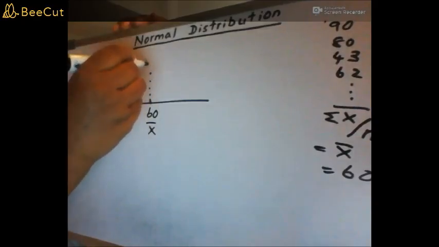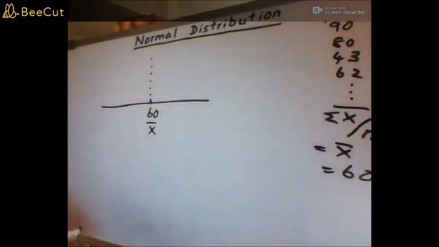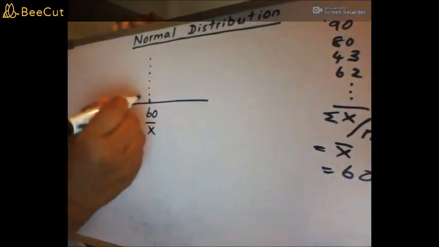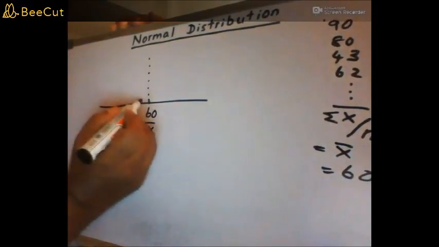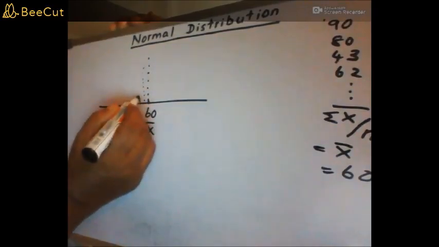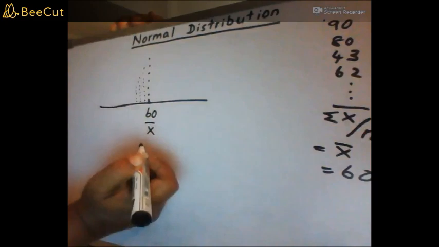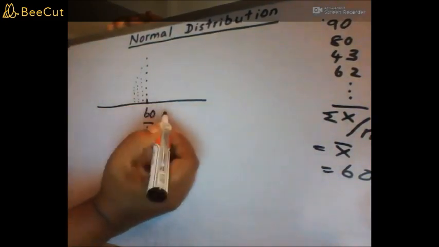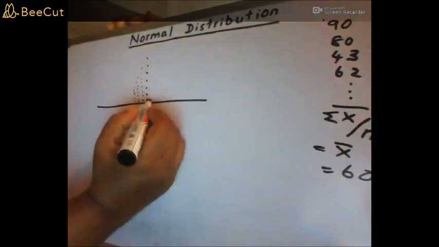And then some will get 59 also, then 58, then 57, and also 60, then around the average. So 60, 61.